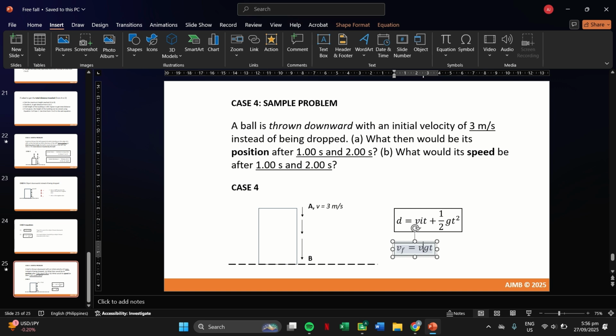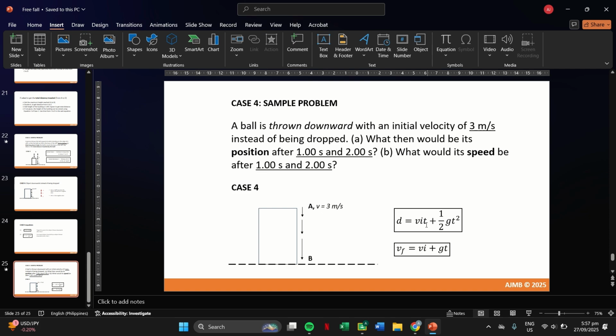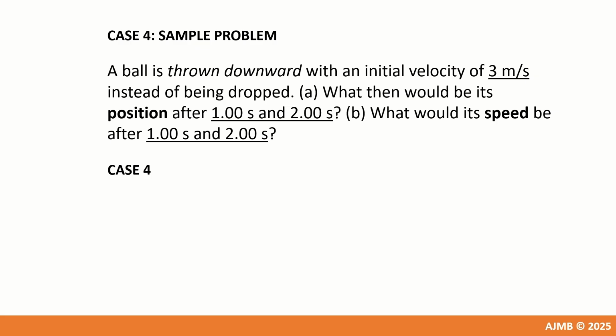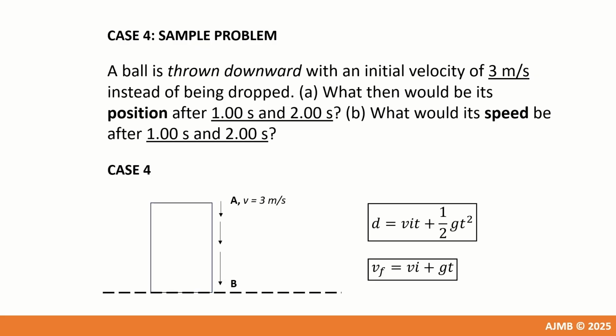And for the final velocity, you should be using VI plus GT. Okay, pause this video and try to solve for the distance and the speed. Both of your answers should be negative.